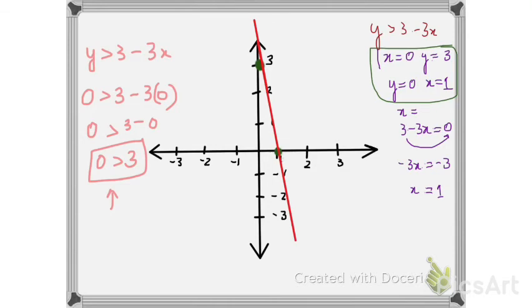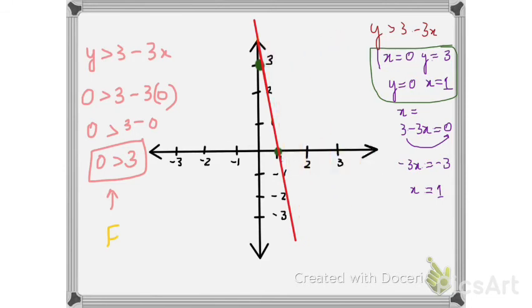So you need to think, is 0 greater than 3 or is 3 greater than 0? So this is false. 0 is not greater than 3, it is less than 3. So when it is false, you shade it away from the 0, from the region. So we shade it this side.